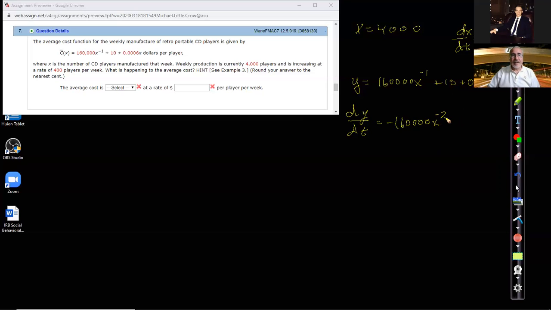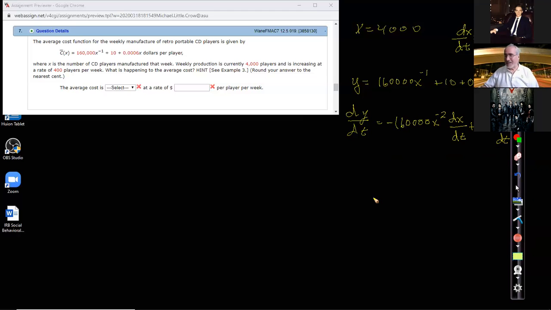Since we took the derivative of x, and we've really got 3 variables here, this gives us a dx dt. The derivative of this is going to be 0.006 dx dt. I think there are 3 zeros. There are. Thank you. Okay.